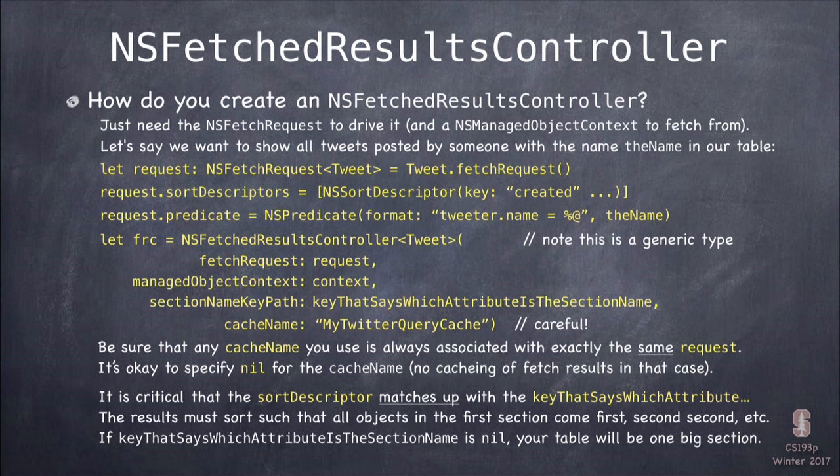That's why a lot of times when we're doing sections, the first sort descriptor will be sort by the section key name var, and then the second one will be sort by what we really want to sort by. Because we have to make sure that our entire table is sorted in section order. You see why? Because otherwise it's just weird. Things would all be in the wrong places. So the key that says which attribute is the section name has to sort in the same order as your sort descriptors.